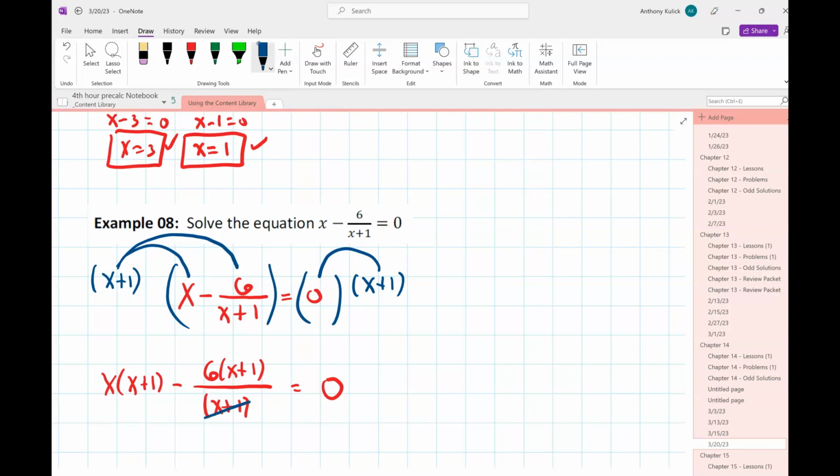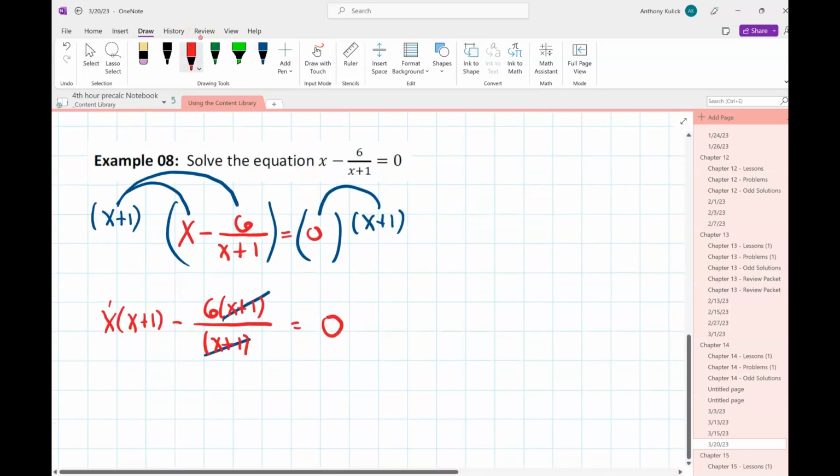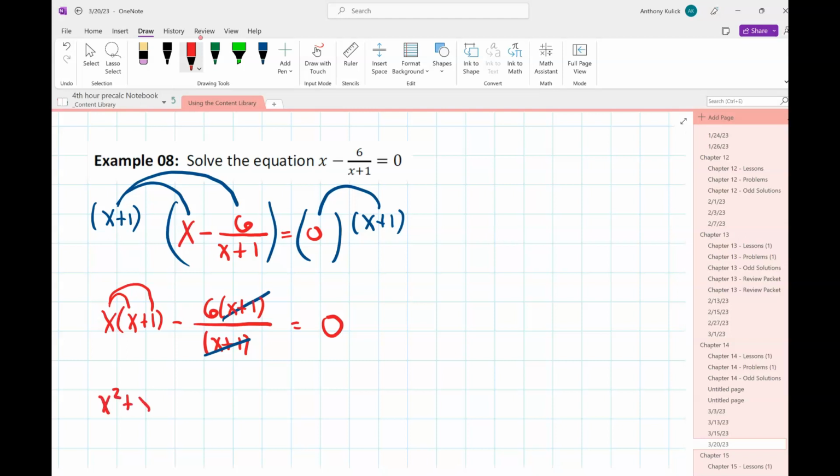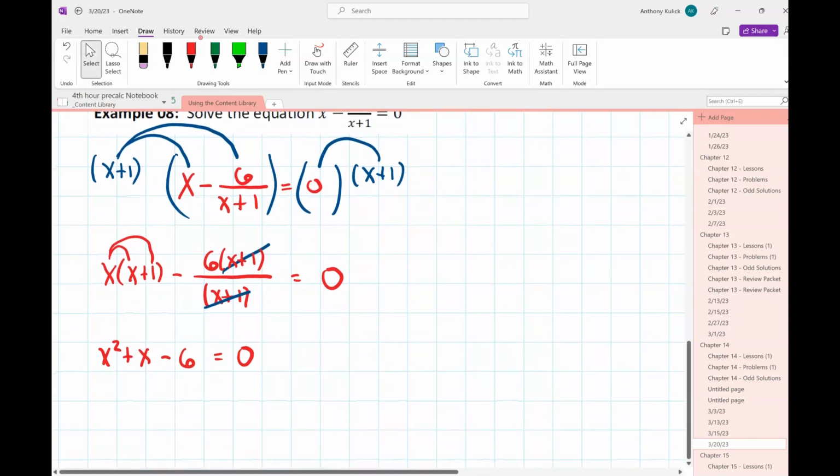It cancels. So I'll distribute my x through. What am I left with? A quadratic. How do you want to solve this quadratic? What are the two methods we use? Factoring or the quadratic formula.